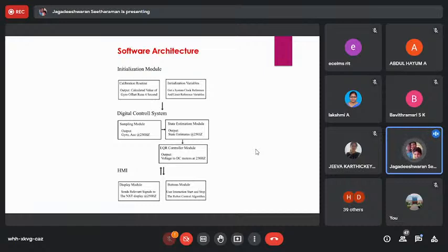The digital control system is responsible for keeping the robot in an upright position. The angle and angular velocity are sampled at 250 Hz. A Kalman filter estimates the system states, which are used by an LQR controller to achieve state feedback. The HMI displays relevant data and responds to user inputs.